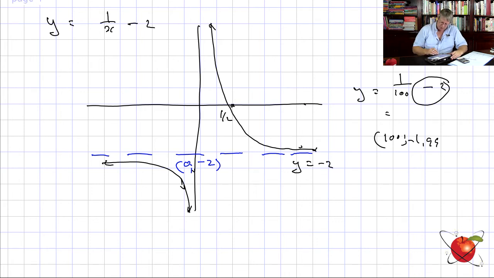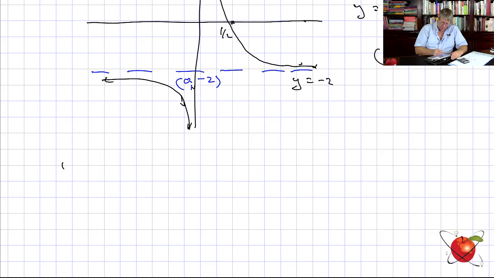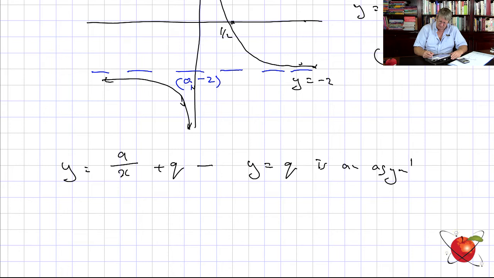So in a hyperbola, y equals a over x plus q, the line y equals q is an asymptote. Previously, q was our y-intercept.